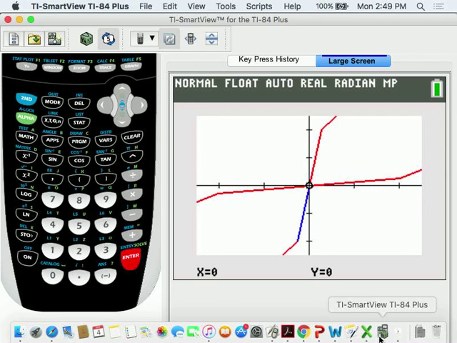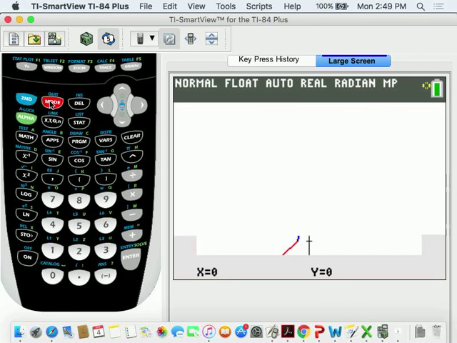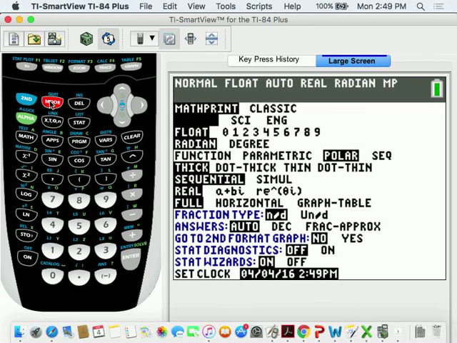Since we're dealing with polar graphs and polar equations, you need to make sure that your calculator is in polar form. So go to mode, go down and make sure that POL, or polar on some of your calculators, is highlighted. Click enter on it so you can be in polar mode, and make sure it's highlighted.